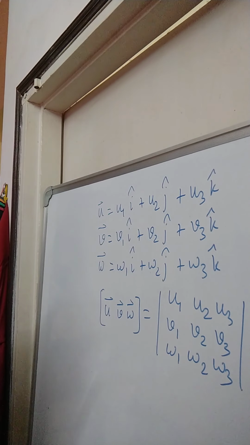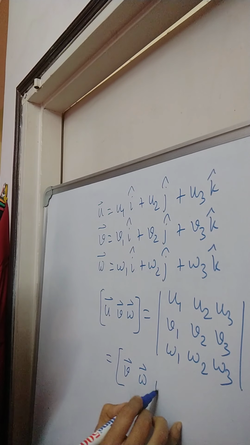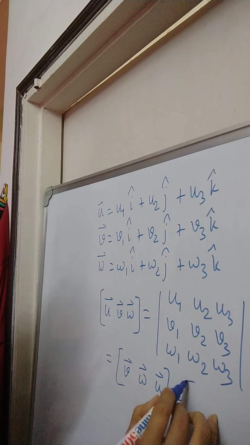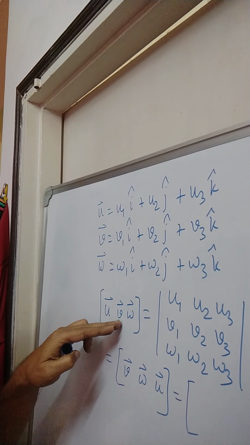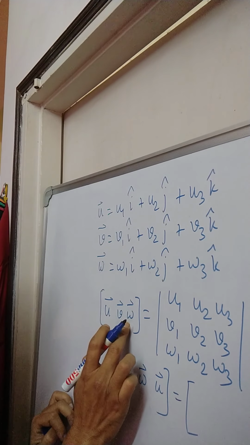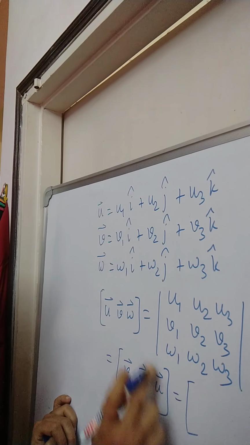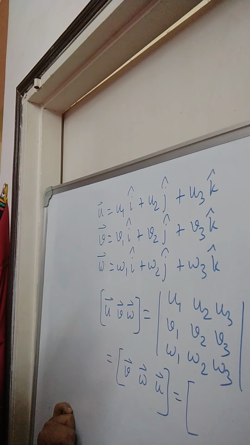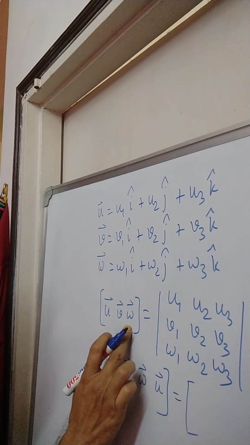So, obviously, this will be equal to V W U as well as this. I have shifted it, U V W, the order is maintained, and if we shift another position upward or rightward, then we get this final position.